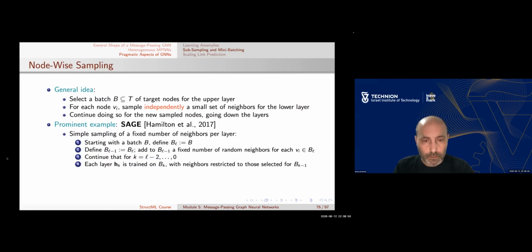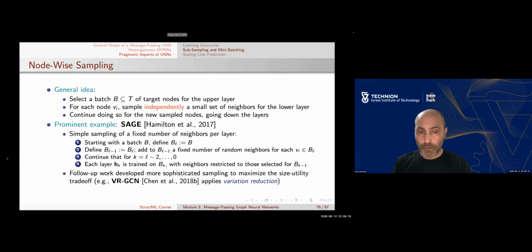Okay, and then when we compute the layer HK, we use the neighbors of the lower layer, but restrict the learning and the aggregation, everything basically, only to the neighbors that are in the lower layer, the nodes selected for the lower layer, BK minus 1. Okay?